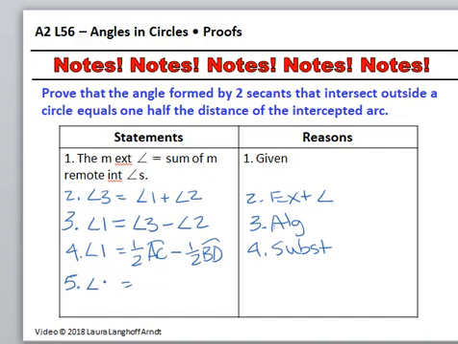It's still angle 1. It hasn't changed. Angle 3 is over here. So angle 1 is 1/2 of AC minus BD. And that was just factoring. And is that not what we were trying to figure out? 1/2 of AC minus BD, or DB, either way, as it says in the book.